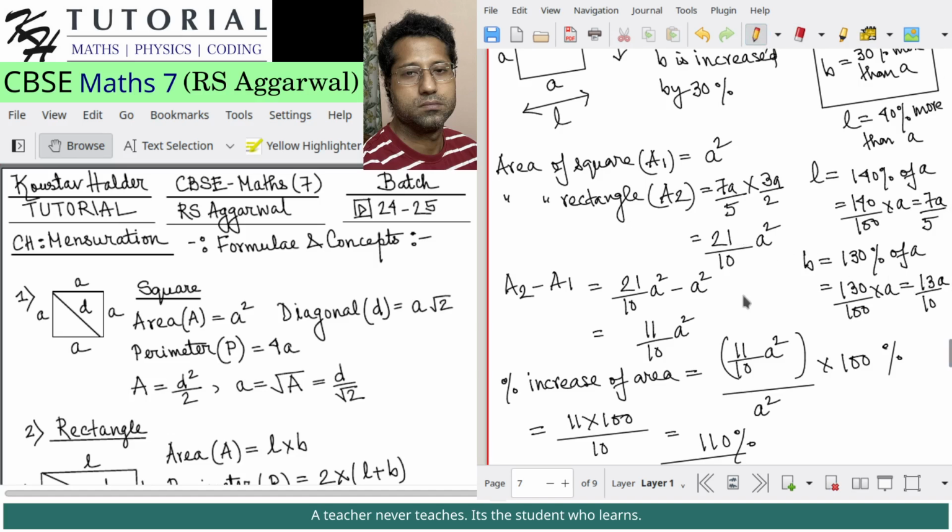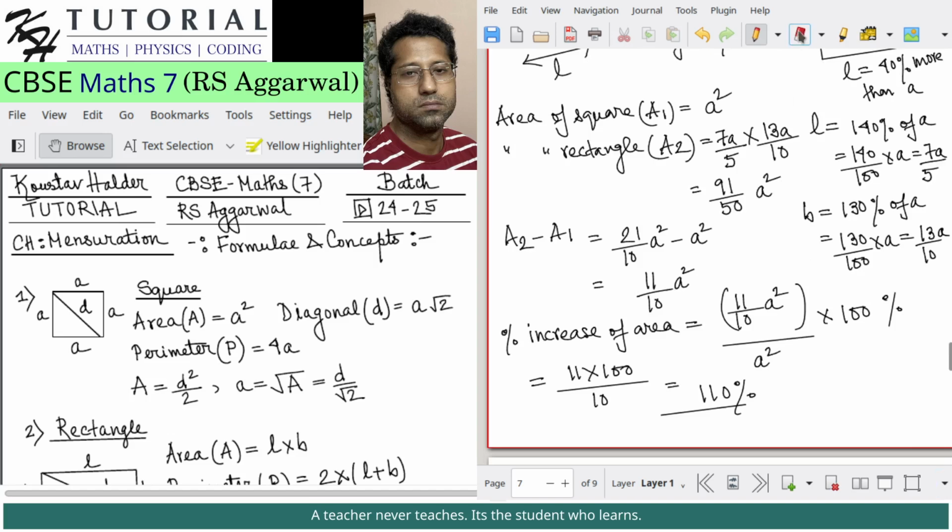So the area of the rectangle will be 7 by 5 A multiplied by 13A by 10, which is 91 by 50 A square.